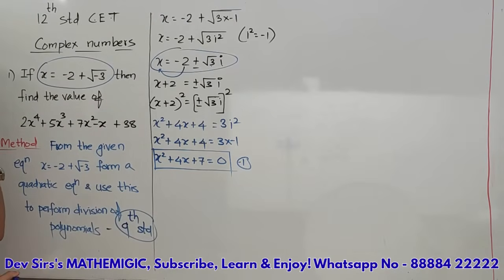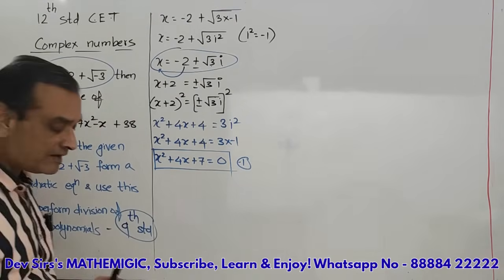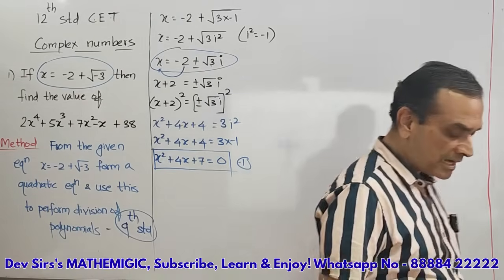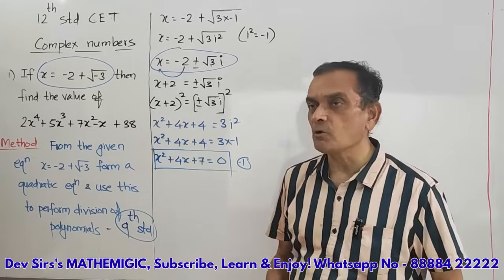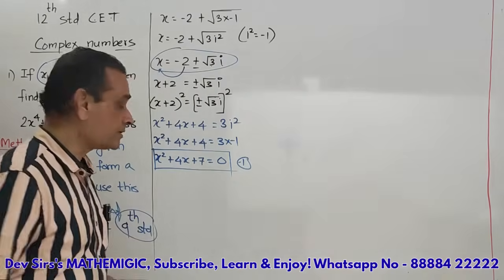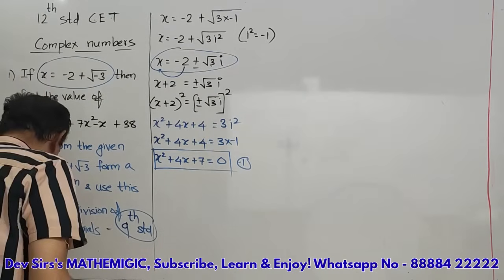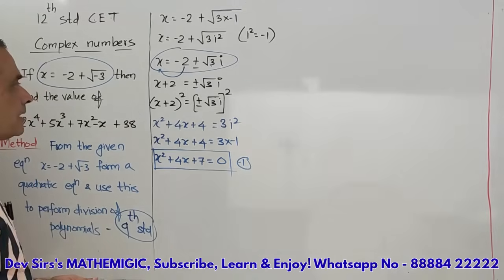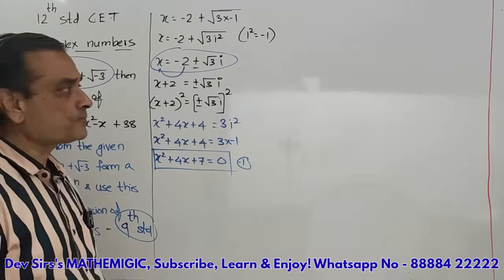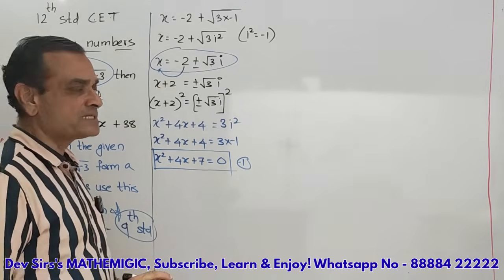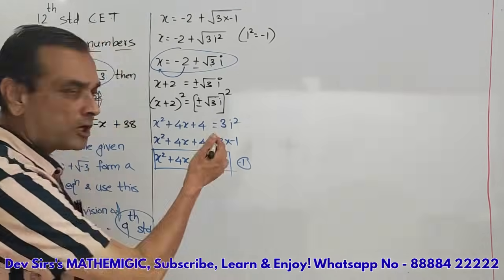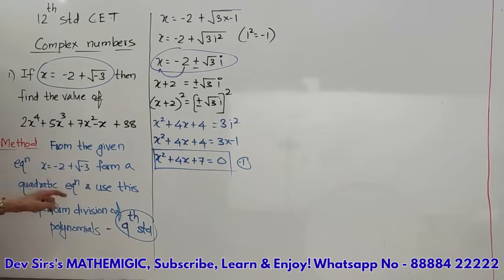Okay? Right. Now only half the work is done, because now you have to find the square root of, sorry, not square root, you have to use division of polynomials. How do I do that? Now you will remember certain basic things from 9th standard. If not, we will solve it. This is the given polynomial.